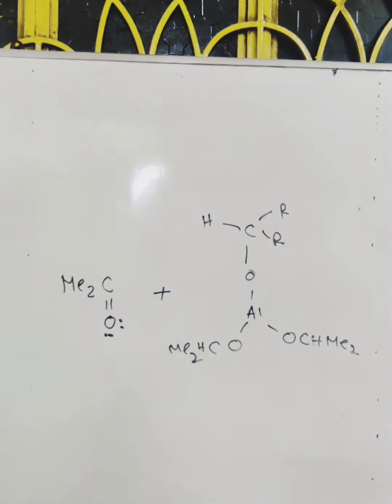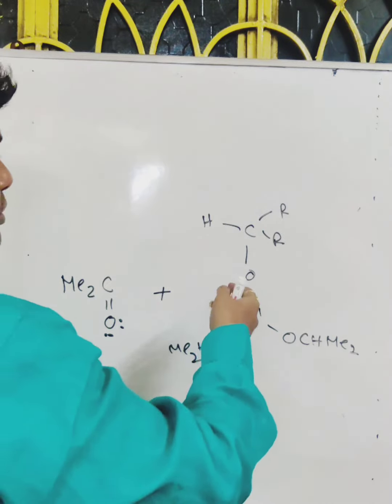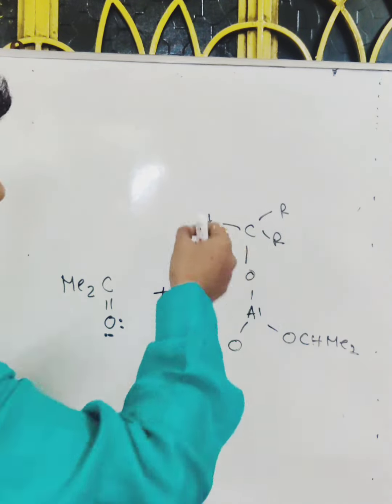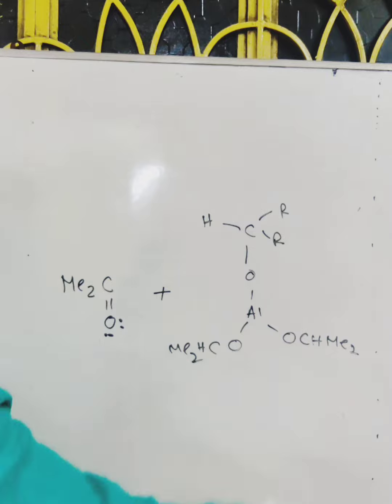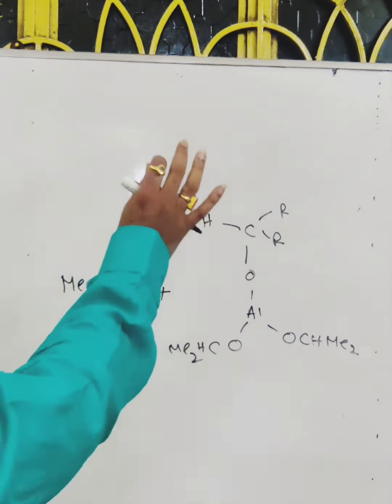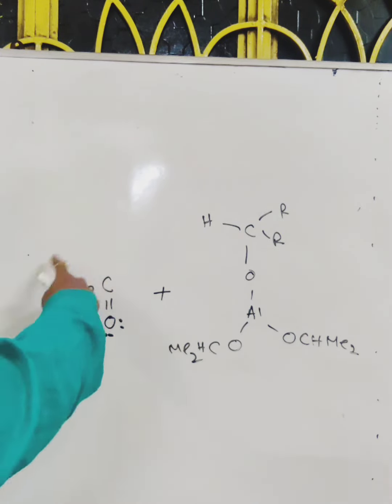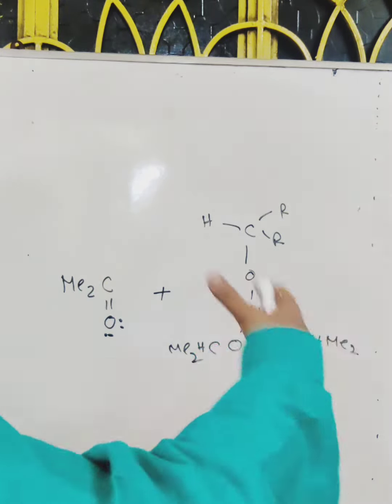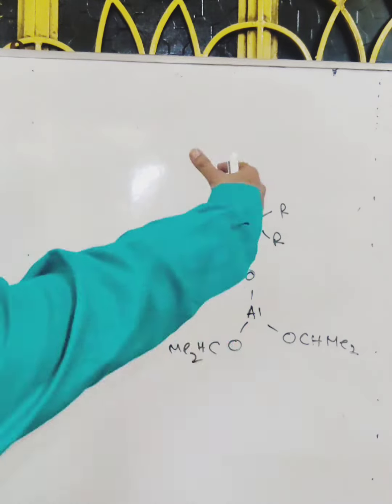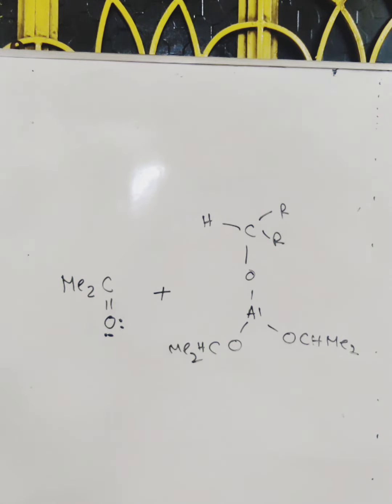Don't you think this is the way we wrote the MPV reduction mechanism also, in a similar way, right? Just think on this. So this is the Me2CO. We take excess of Me2CO to drive the reaction in the forward direction. Correct? To drive the reaction in the forward direction.